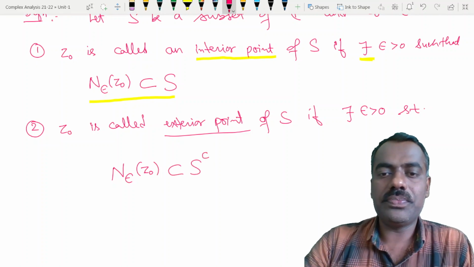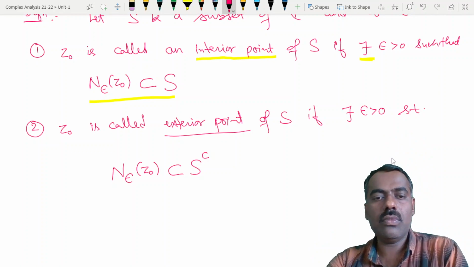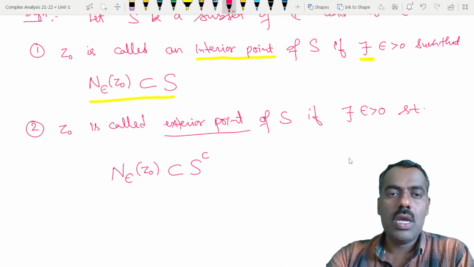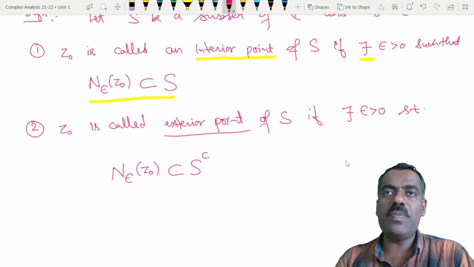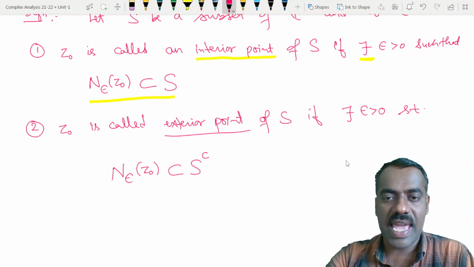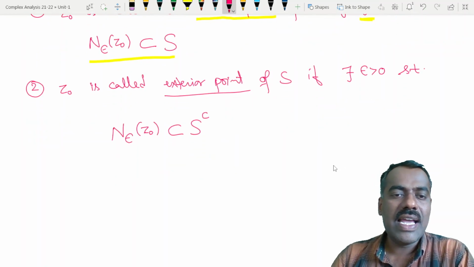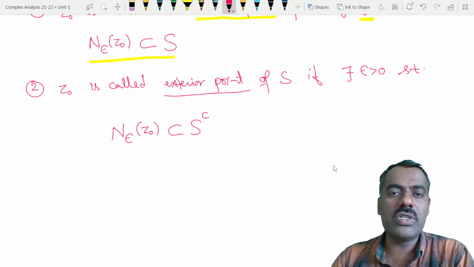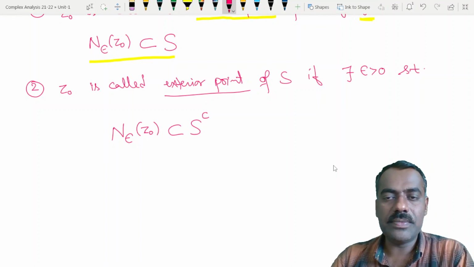Is this clear? So exterior means it should be completely outside this S. It is the same as saying that N epsilon Z naught should be completely contained in the complement of S. That means outside S. Is this clear?